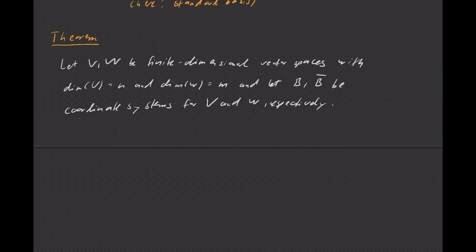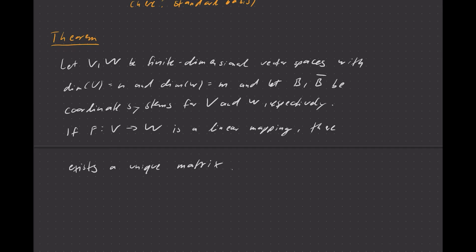Now let's say we have a linear mapping. So if F from V to W is a linear mapping, then there exists a unique matrix.